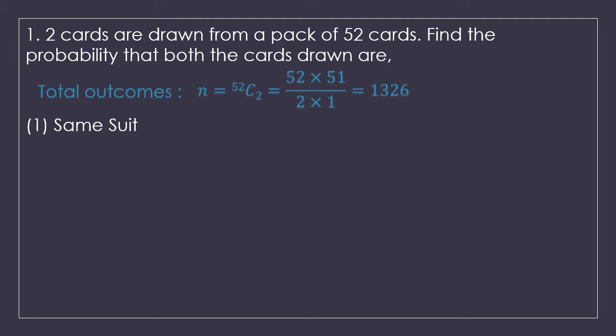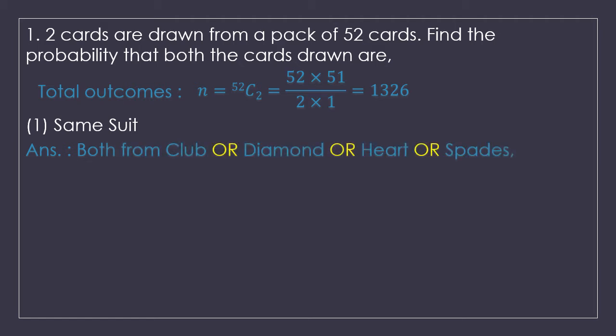Now, moving on to the first question given. The first question is that both the cards drawn are from the same suit. I hope you remember how these cards have been divided into 52 different cards. When such cards are given, there are four suits which I have explained. So both cards could be from club or diamond or heart or spades.